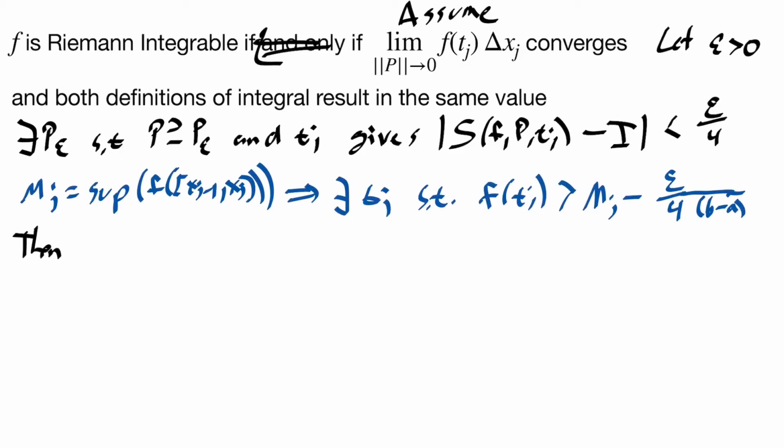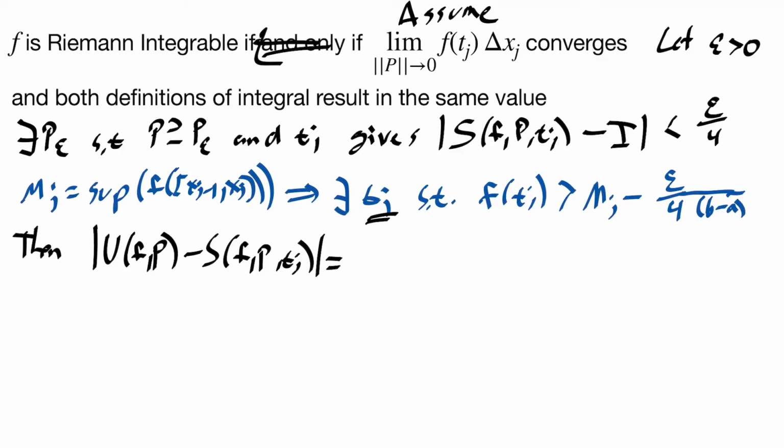Well, then I know that U minus S. Tell you what, let's write them out. U of f, P minus S of f, P using these tj values I chose just a second ago equals the sum.